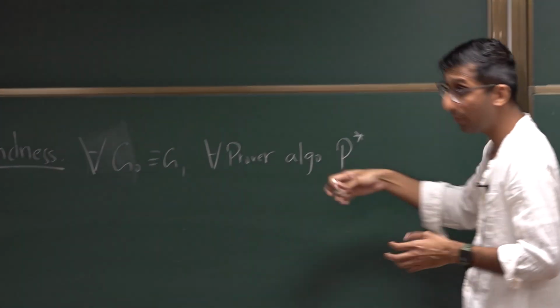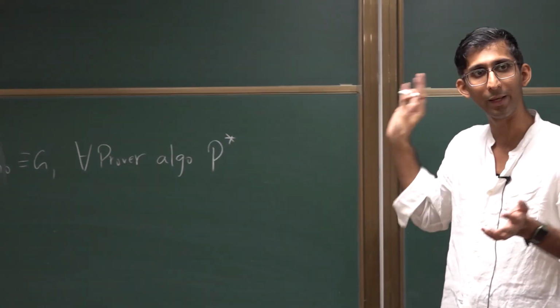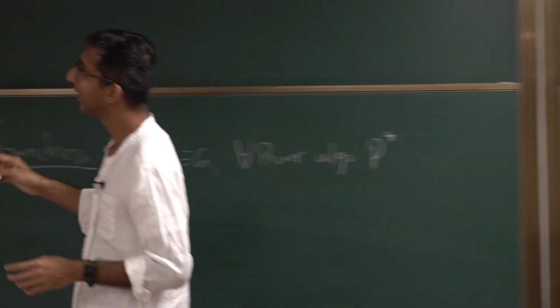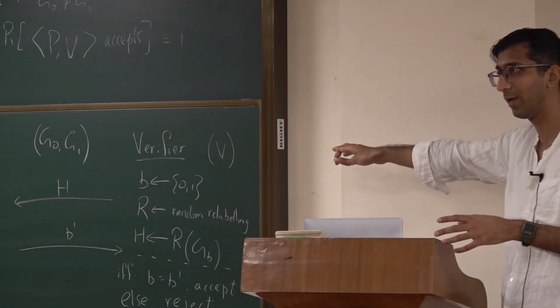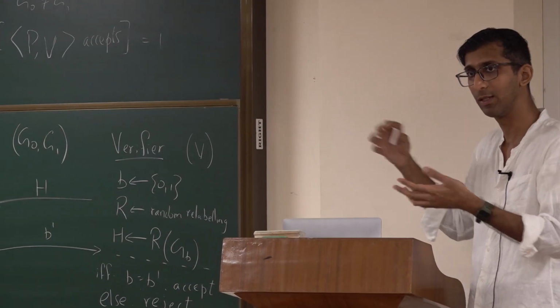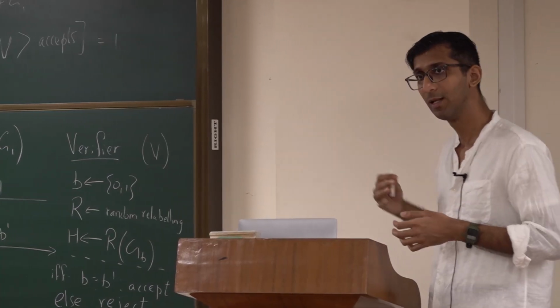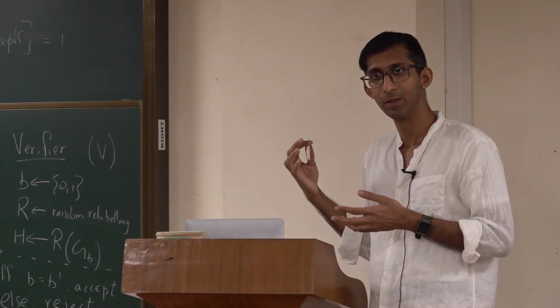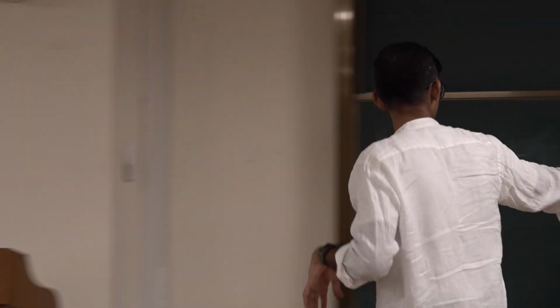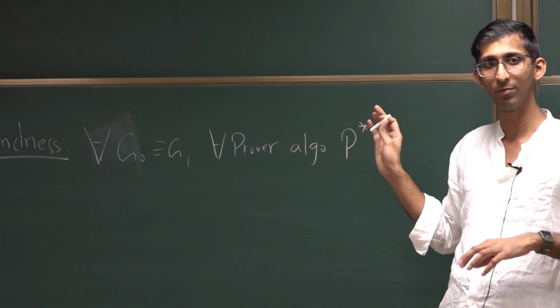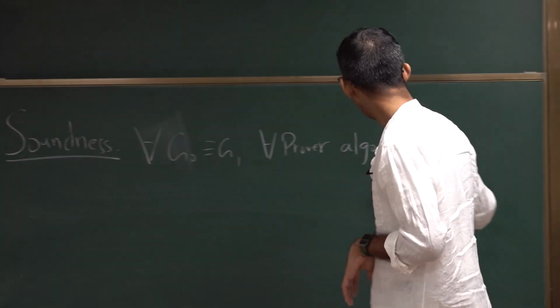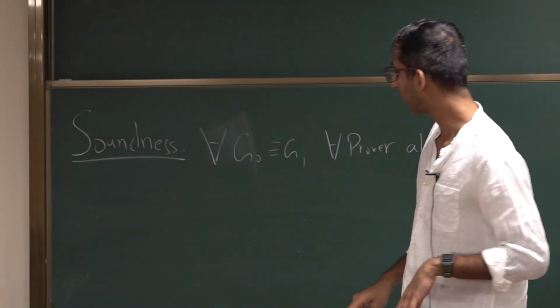This P star could be P, it could be other things, it could be anything. The only restriction is that it interacts in the format of the protocol. The first message is supposed to be a graph that we call H. The second message is supposed to be a bit. So all this P star has to satisfy is that it has to fit the syntax. The types of the messages have to match. Then you take any possible algorithm like this.